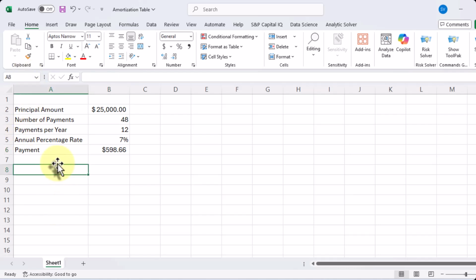In cell A8, I'm going to put the payment number because we could have a monthly payment, we could have an annual payment, we could have a semi-annual payment, a quarterly payment. So I don't want to put like the month in or something like that because that might change based on the loan. And then I'm going to number this to 360. The idea being that the longest loan I'm probably going to have out there is a 30-year monthly loan.